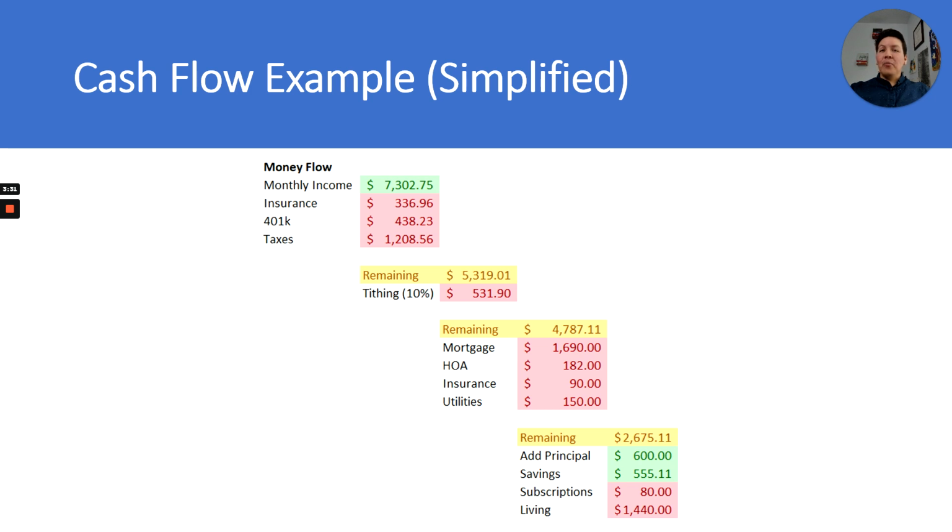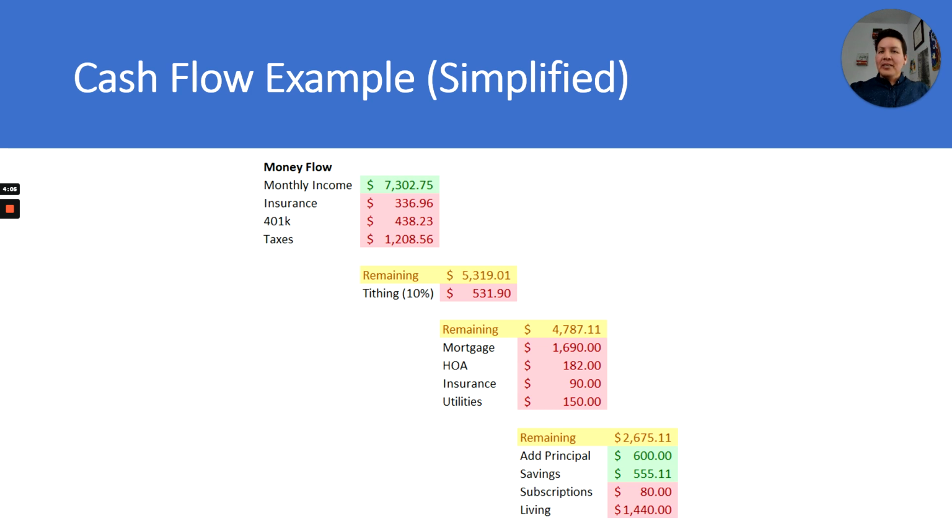Now I subtract all my monthly bills, or those fixed expenses, and end up with the last remaining, which is $2,675, as found on the last table. Now I have my flexible expenses. You'll see $1,440 go to what is called living, and this includes food, house items, basic necessities, etc. Then subscriptions, and I have listed them as flexible because we can do without them.